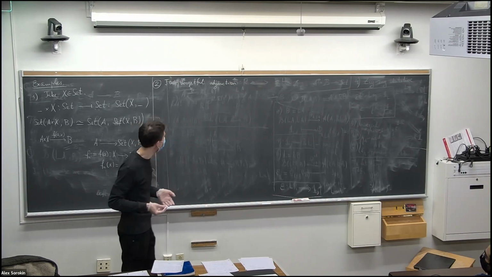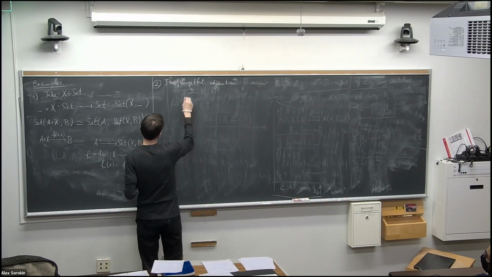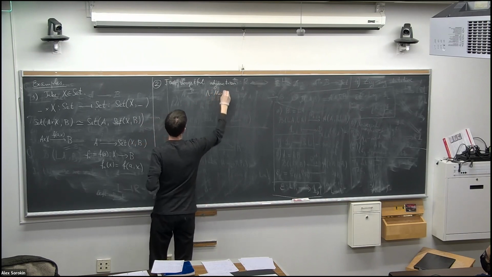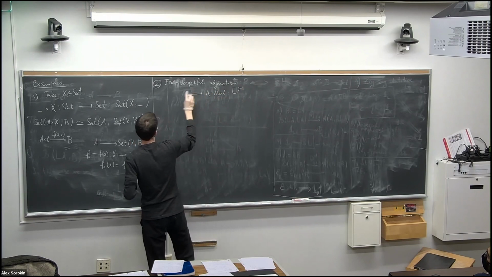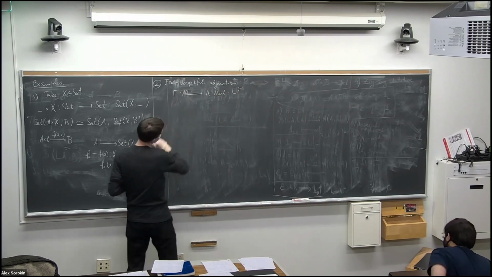So, free forgetful adjunctions. I will say a couple, for instance, we can name the modules. We have here the functor U, and here are Abelian groups. Here will be the functor F. Or just let's write, yeah, that will be it.